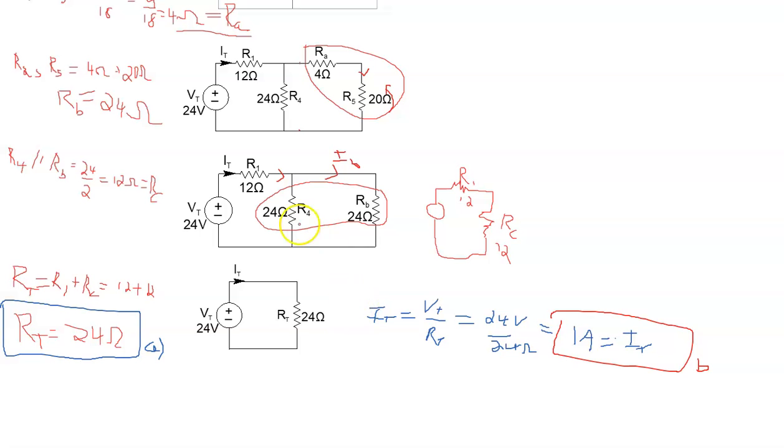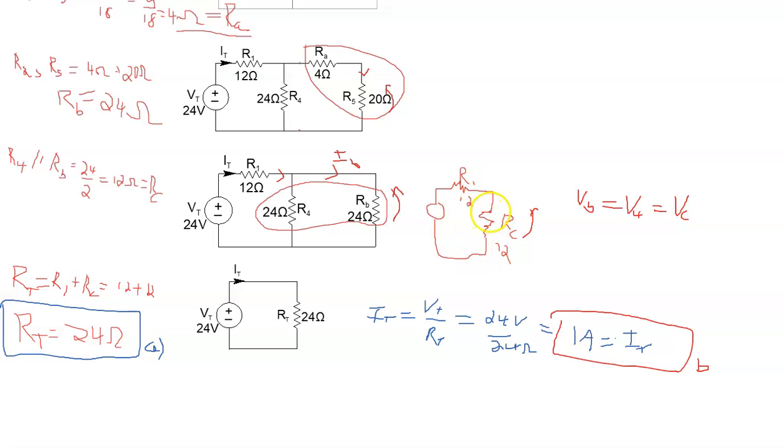And so the idea now is that, remember, we combined them to give us 12. And so this voltage right across RC is the same as the voltage across RB and R4. So what we want to say is that VB is equal to V4 is equal to VC.